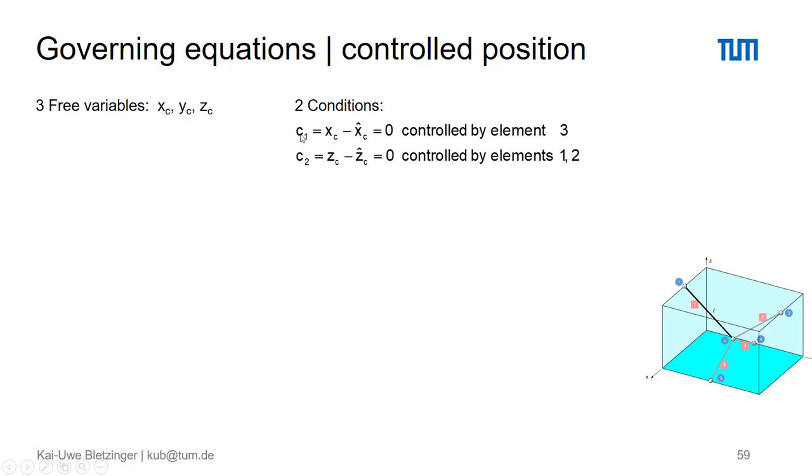We introduce two conditions, C1 and C2, where we control the x coordinate by a given number and the z coordinate by a given number. The y coordinate quite obviously might be free. And we assign to each of these two conditions elements. That means the scaling factor of the force density of element number 3 should be introduced to control the first control equation, and the elements 1 and 2 are related to the second control equation.